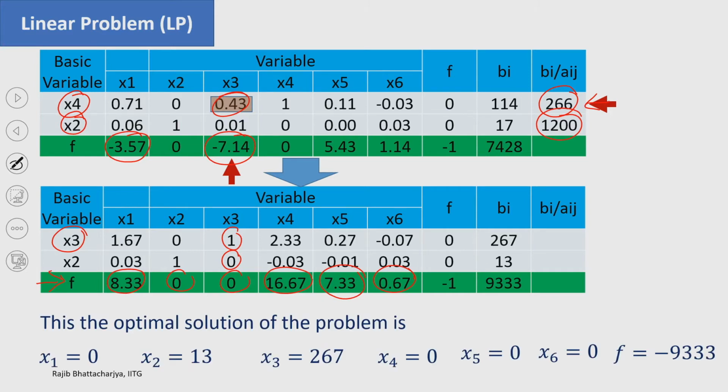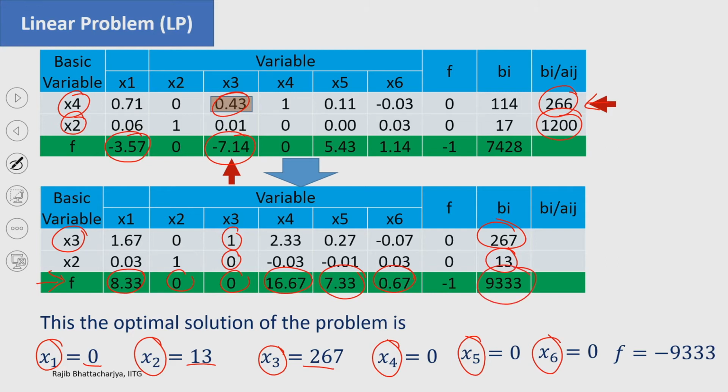So, what is the solution now? x1 is a non-basic variable, so that is 0, x2 is a basic variable, which is equal to 13. Then x3 is also a basic variable which is equal to 267, x4 is a non-basic variable 0, x5 is non-basic variable 0, x6 is non-basic variable 0, and what is the objective function value?